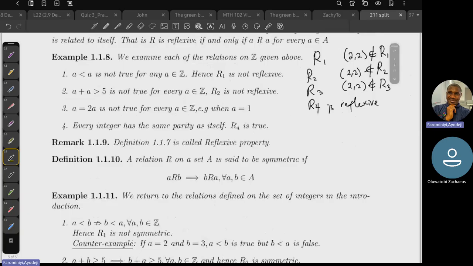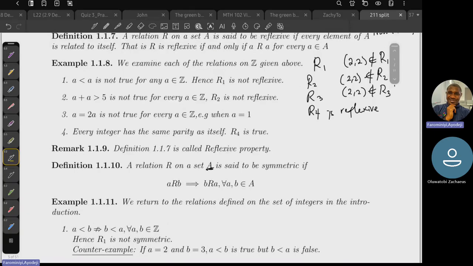A relation on a set A is said to be symmetric. So when we say reflexivity, it's usually on one set. Generally we have defined a relation to be something between a set and another set, right? Yes, sir.